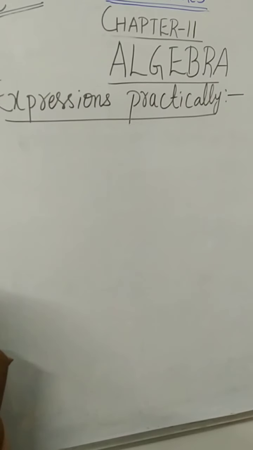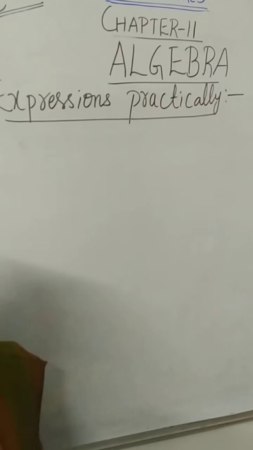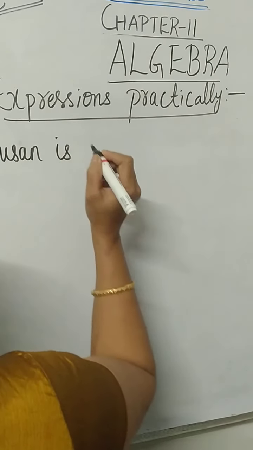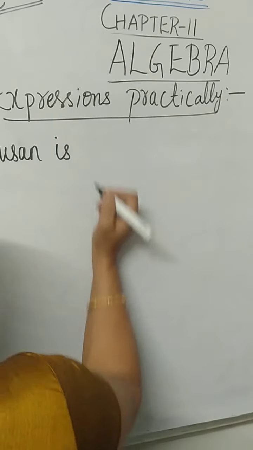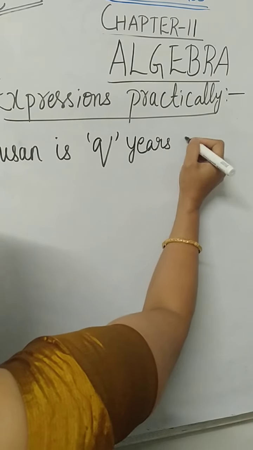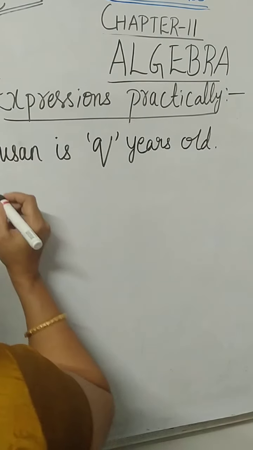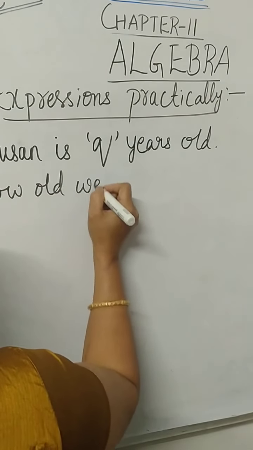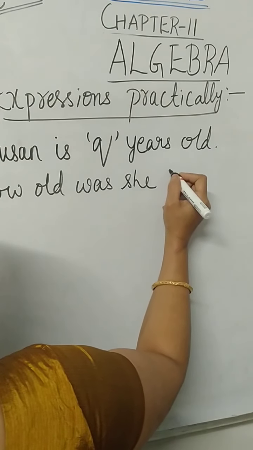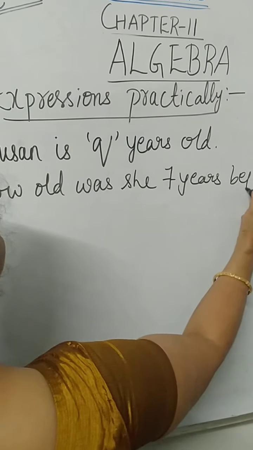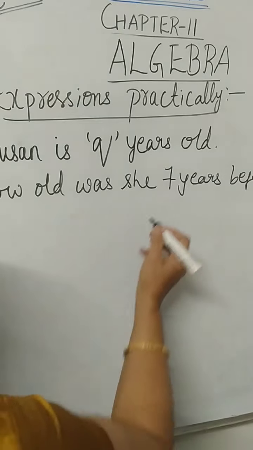I'll give you another example. Susan is Q years old now. How old was she 7 years before?